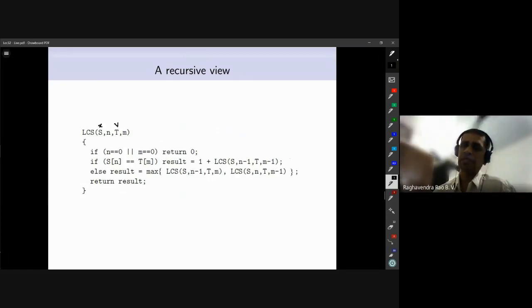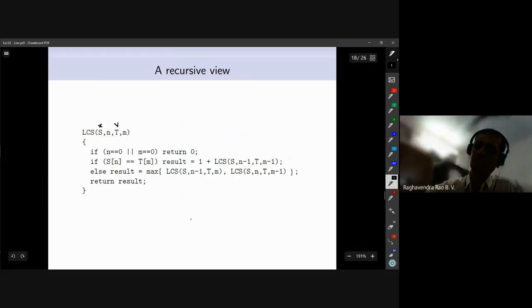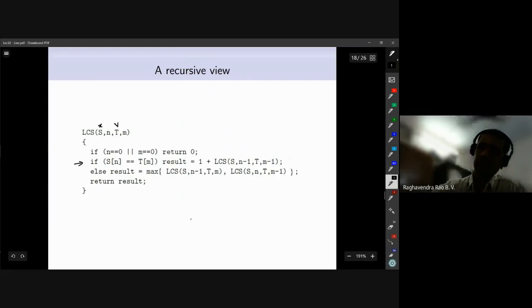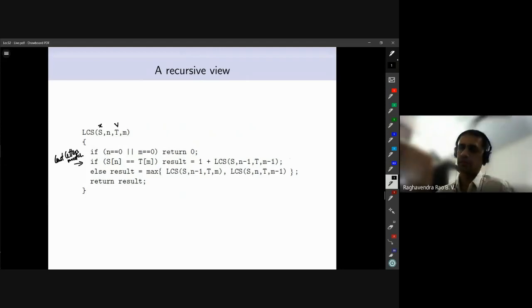The first string is S and the second string is T, and length is kind of flipped here. So if the last letters match, then the corresponding recursion is this. If last letters do not match, the corresponding recursions are these. You return the maximum of the two values.